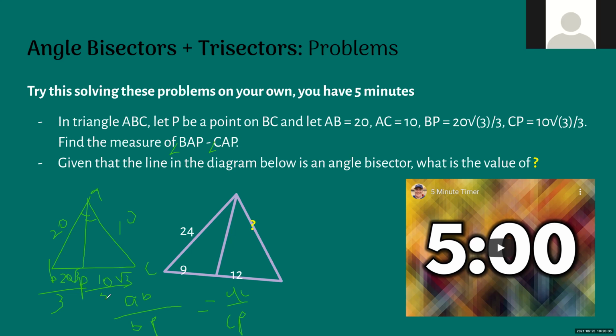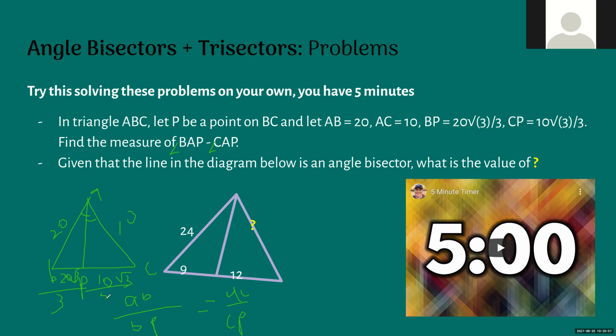Okay, an angle bisector is something that splits an angle into 2 parts or 3 parts. You nearly got that correct. An angle bisector divides an angle into 2 equal angles, and an angle trisector divides an angle into 3 parts. So a bisector is 2 equal angles.